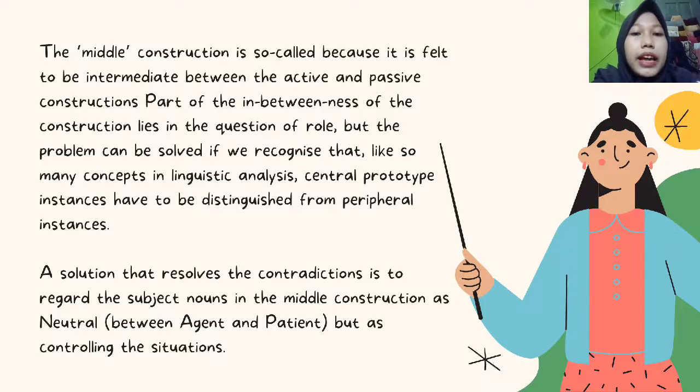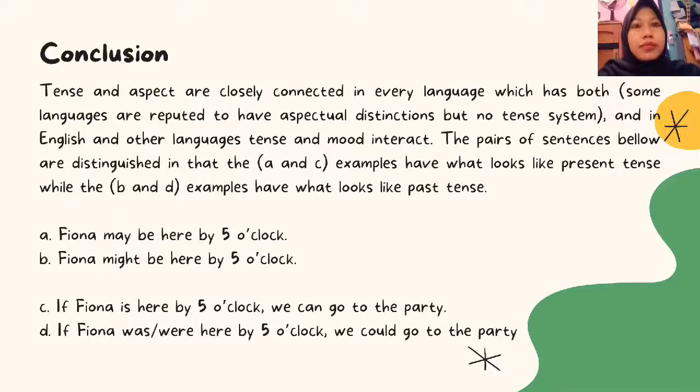But the problem can be solved if we recognize that, like so many concepts in linguistic analysis, central prototype instances have to be distinguished from peripheral instances. A solution that resolves the contradiction is to regard the subject noun in the middle construction as neutral between agent and patient, but as controlling the situation.